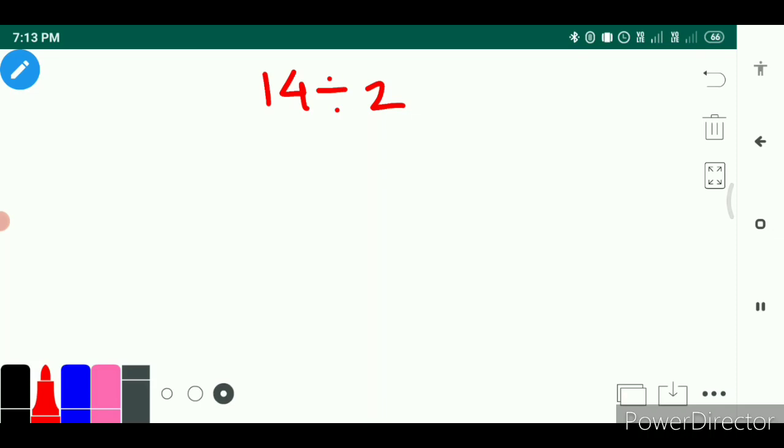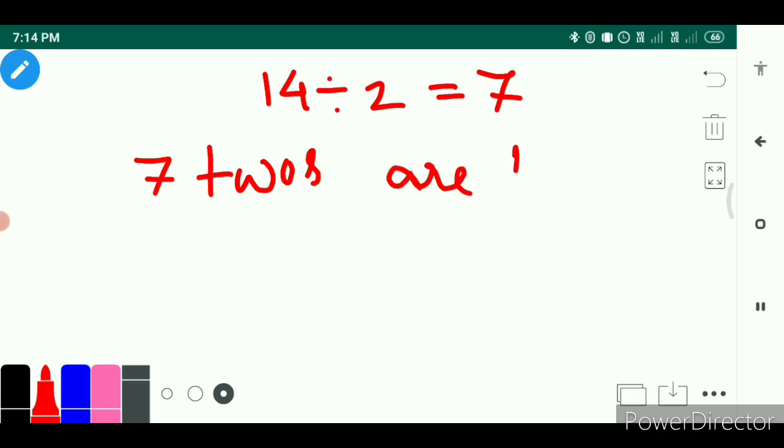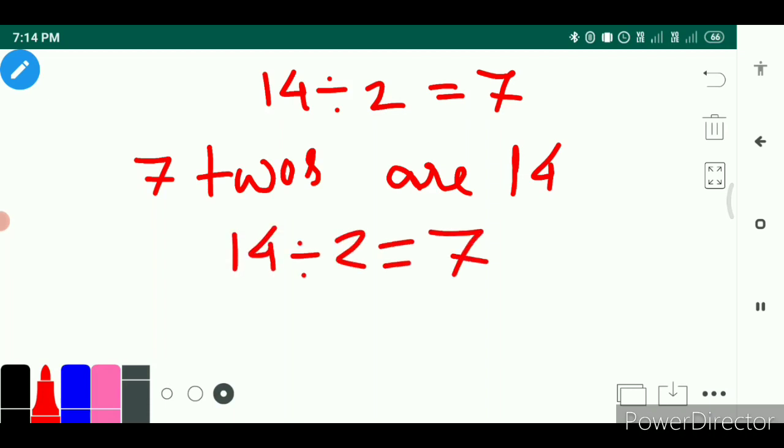It will be what? 7, right? 2 7's are 14. We can say that 7 2's are there in 14, right? So therefore we can say that 14 divided by 2 is equal to 7.